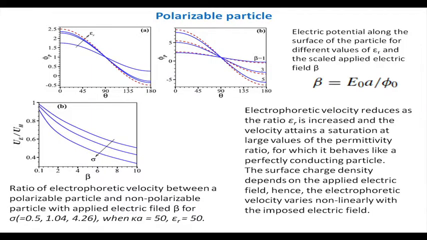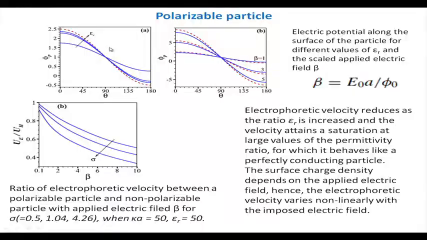I just highlight how it differs from the situations where the particle is taken to be non-conducting. If we consider the particle to be polarizable, the surface potential can be obtained, and this curve is axisymmetric, so we have taken 0 to pi.